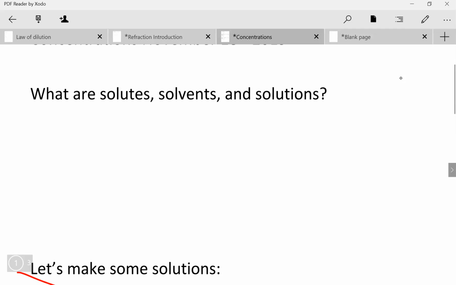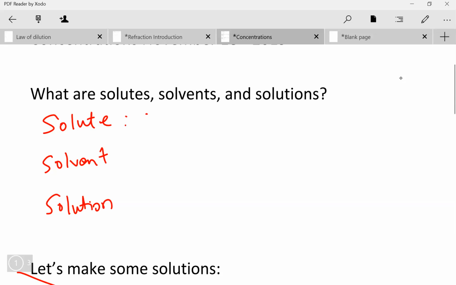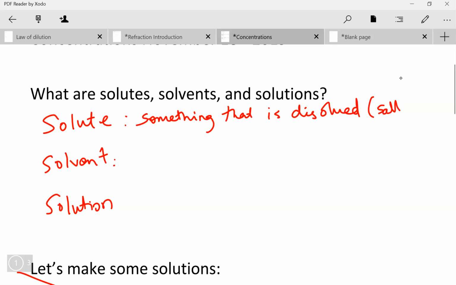We will, although, define what a solute, a solvent, and a solution is. A solute is something that is dissolved. And this is usually like your salt or your sugar or your hot chocolate powder, right?